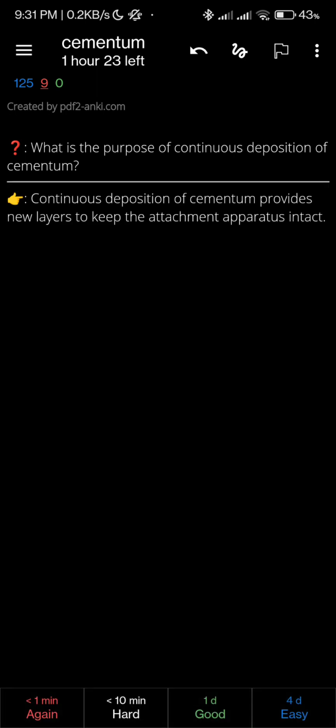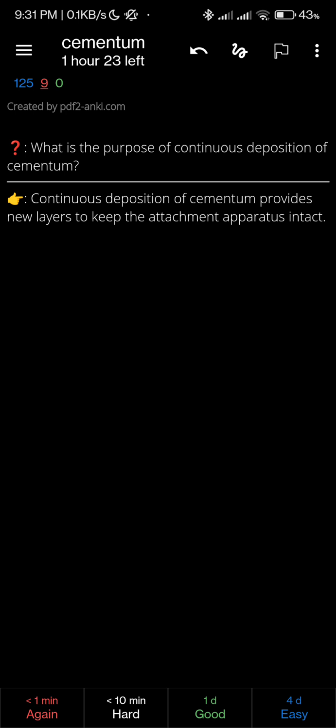What is the purpose of continuous deposition? Continuous deposition of cementum is required for keeping the attachment apparatus intact.